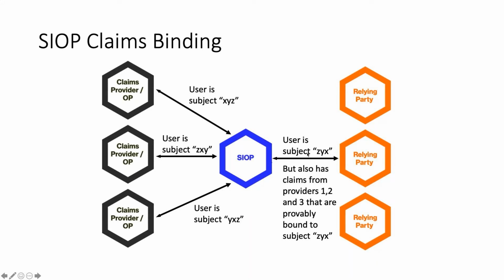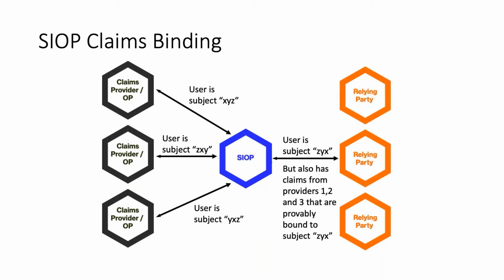You're establishing a way for the relying party to transparently understand that the claims being presented by the SIOP on behalf of an OP or another claims provider are suitably bound to that subject identifier. For example, the SIOP has not taken an ID token from another internet transaction and is using it, trying to impersonate those claims or impersonate that subject. Does that answer your question, Tony?